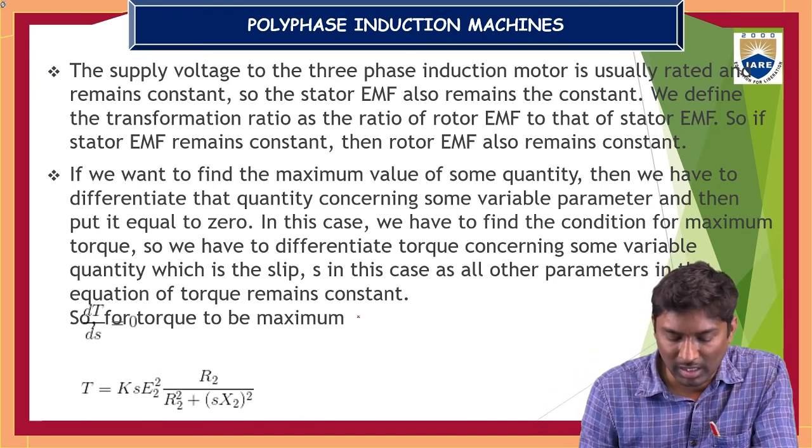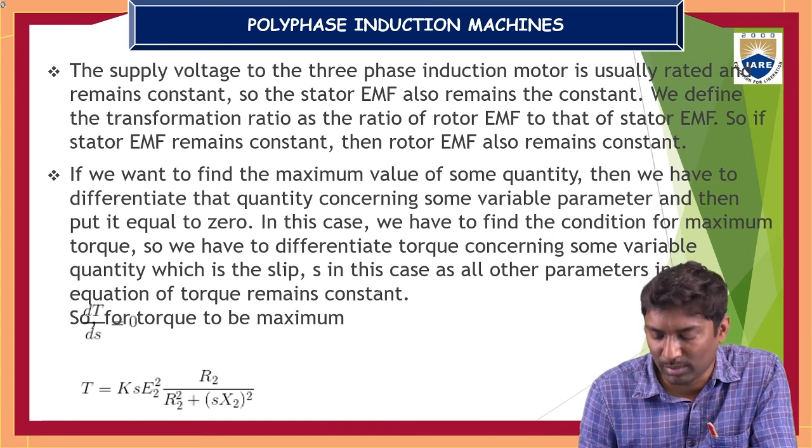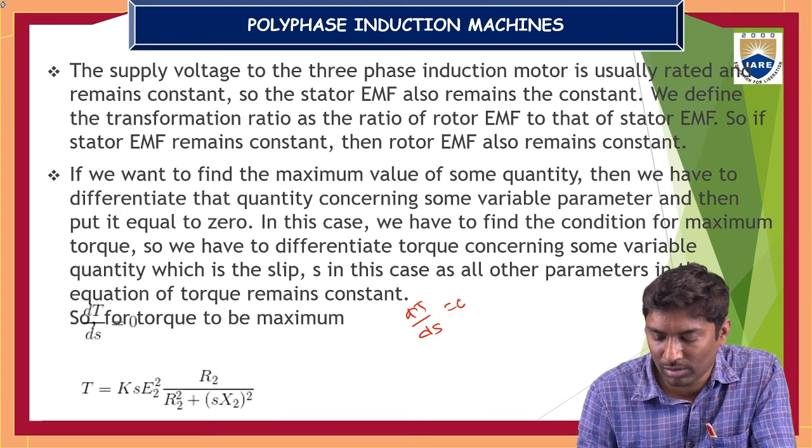So for the torque to be maximum, the condition is dT by dS equal to 0.